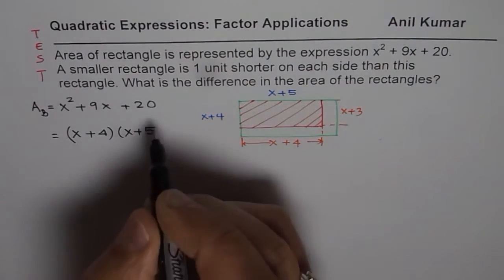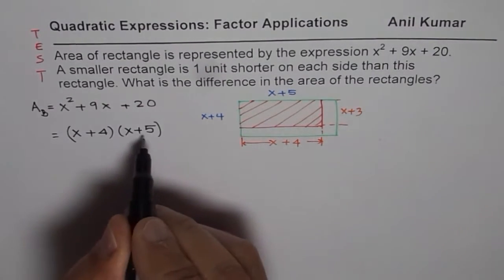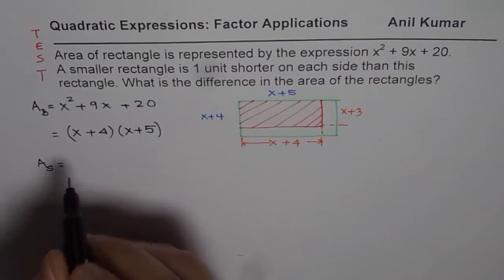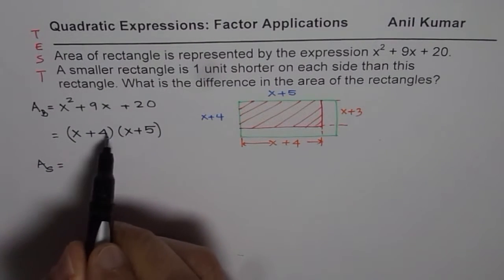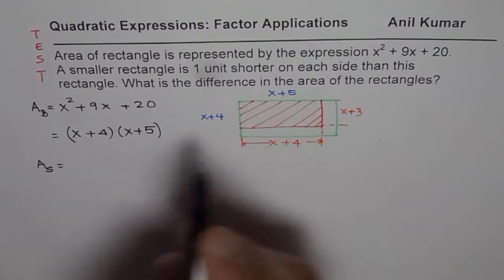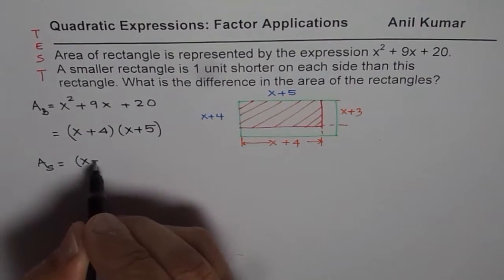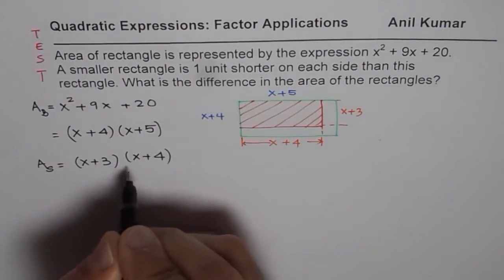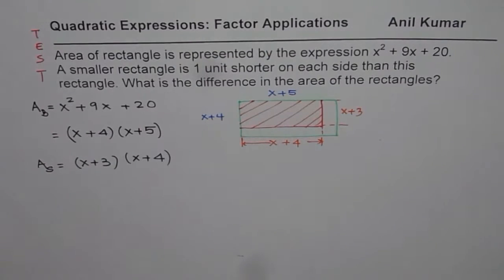So let's continue. From these factors, we find that the area of the smaller rectangle should be, each side is 1 less, right? So 1 less than 5 is 4, 1 less than 4 is 3. So that should be x plus 3 times x plus 4. That is very important to understand.